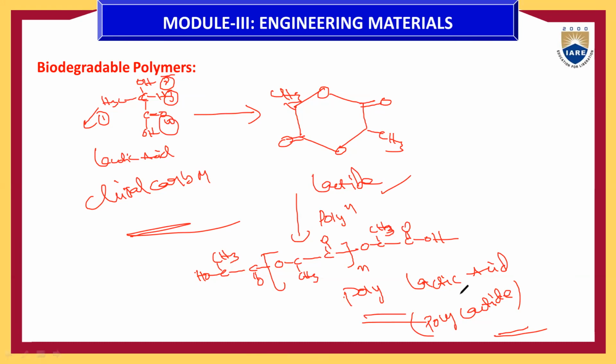The applications of these biodegradable polymers are mainly medicinal applications, and also making chewing gums, and items like stitches, pins, rods, etc. So this is about the preparation, properties and applications of polylactic acid or polylactide. From the examination point of view, they will ask you to write the preparation, properties and applications of polylactic acid.